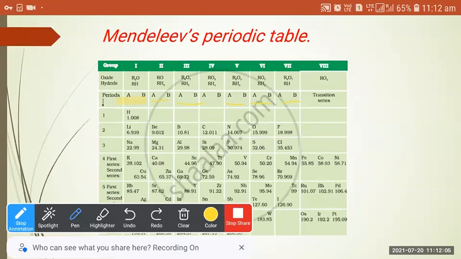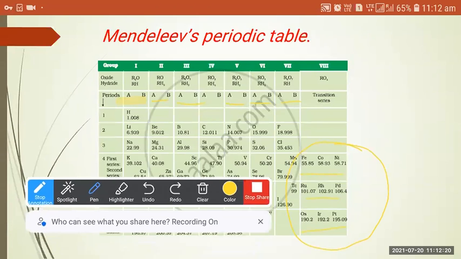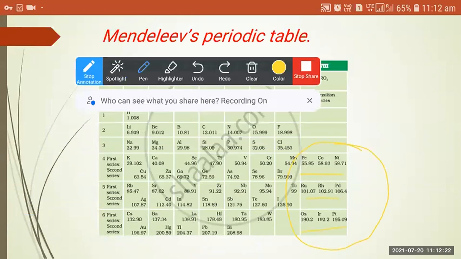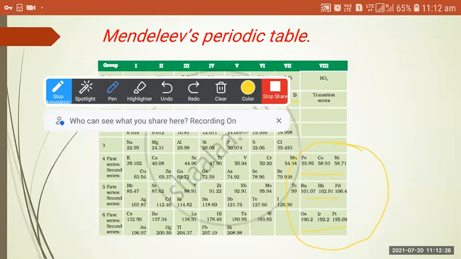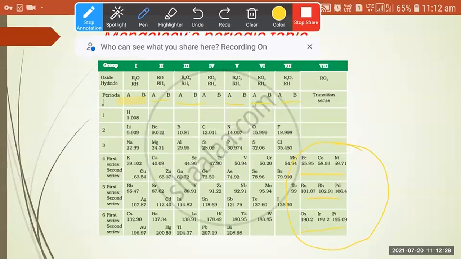Then in group 8, there are 9 transition elements arranged in sets of 3 elements, in the fourth, fifth, and sixth periods. So this is how the elements are arranged in Mendeleev's periodic table.